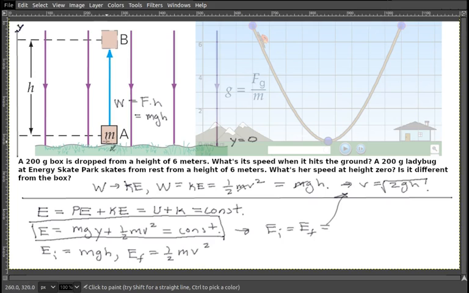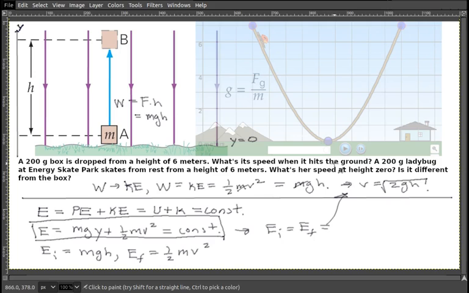Unlike the box, the ladybug doesn't go splat and hit the ground here at the bottom, but she just keeps skating back up to the same height because it's a frictionless system. We're not considering frictional forces. So she just skates back and forth, converting gravitational potential to kinetic energy, and kinetic energy to gravitational potential, back and forth, so on and so forth.